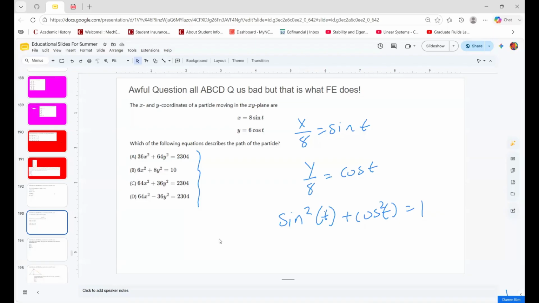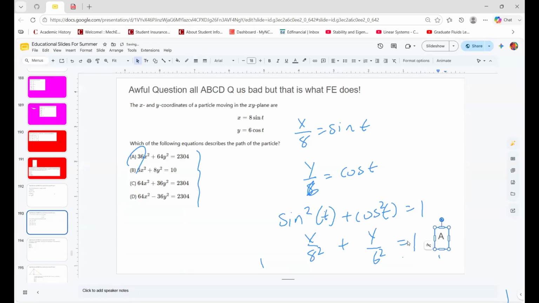And then we're going to just do, oh, this is 6, sorry. (x divided by 8) squared plus (y divided by 6) squared equals 1. That should be everything. So 64, it looks like it's an A. Because 64 plus 36. Do I want to actually check this? Yeah, it's A.